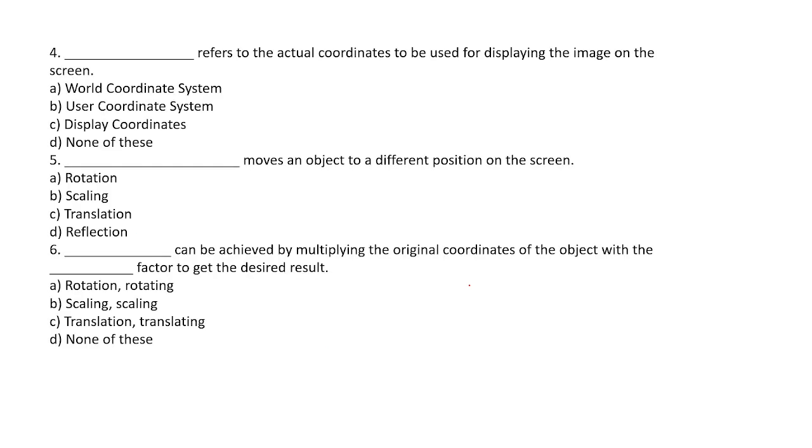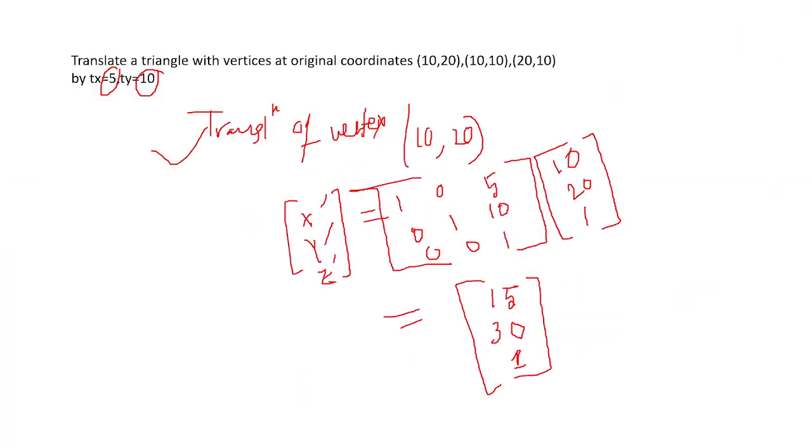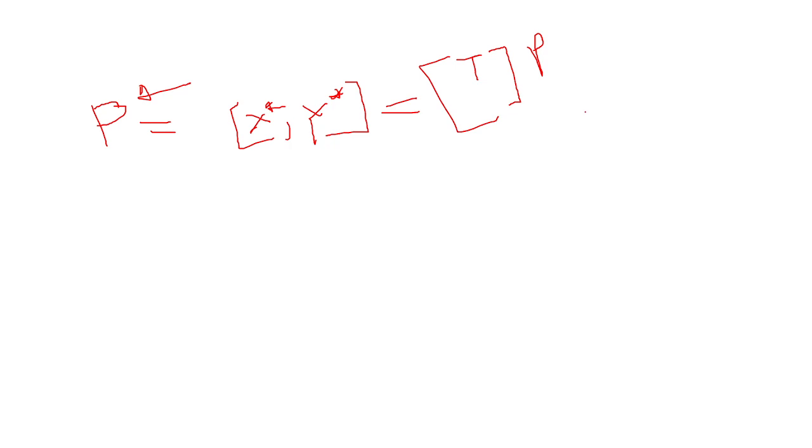So basically, if we denote reflection, then P star equals x star, y star equals T, the transformation matrix, into that old point, right?